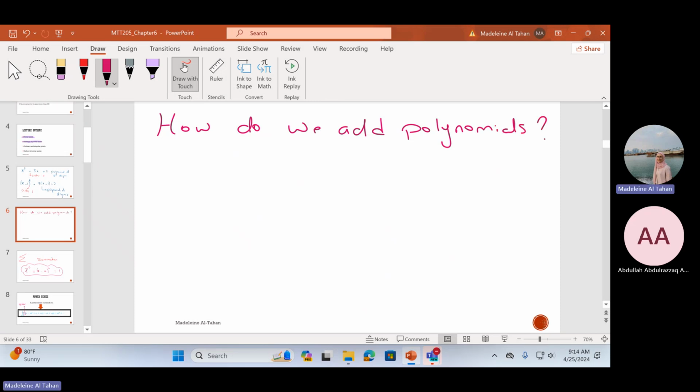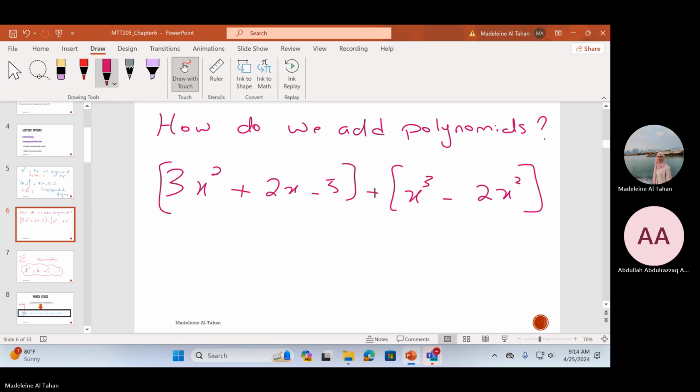How do we add polynomials? Let's say we have 3x squared plus 2x minus 5, and here we have plus x cubed minus 2x. How do you add them? We collect the same powers. First of all, what's the highest power here?